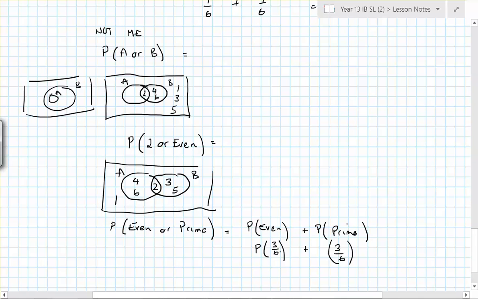If I add those together, I would get the answer 1, which would make it certain that I have to get an even number or a prime number. But is that true? No, because I know 1 is not in that, so it can't be certain, so there's something wrong. Exactly. Because it's not mutually exclusive, I have to actually subtract the probability of even and prime.